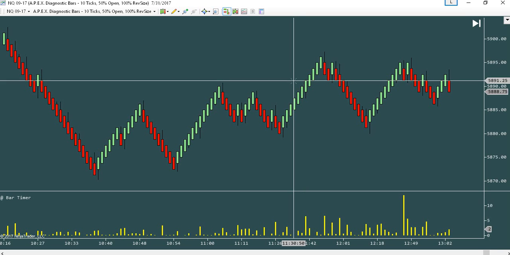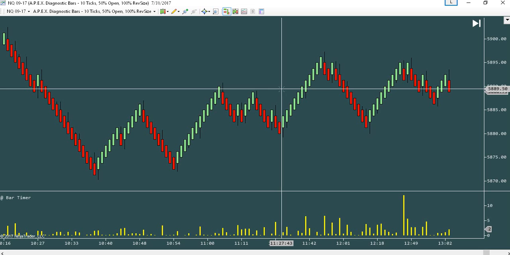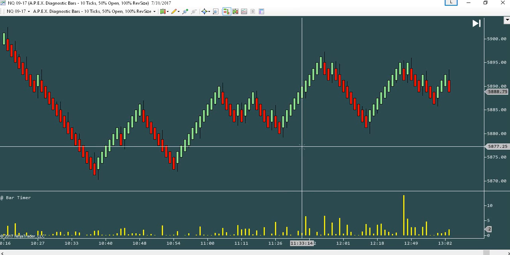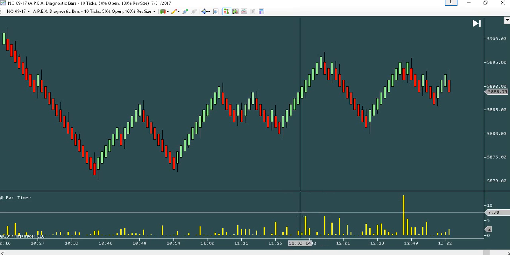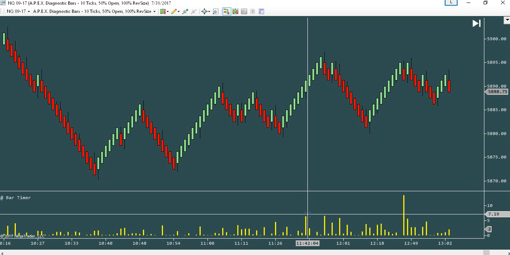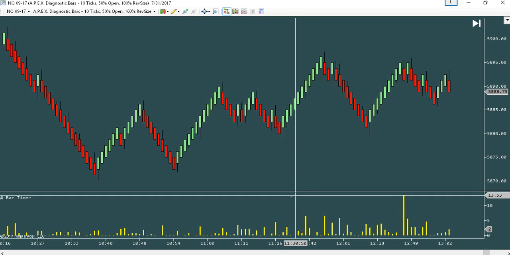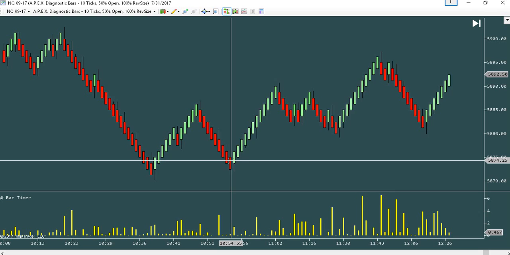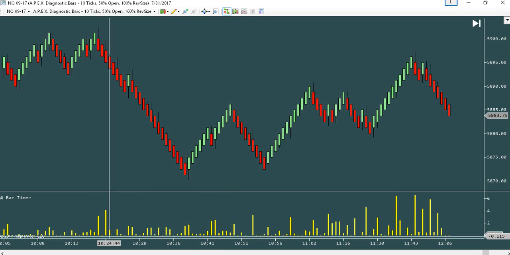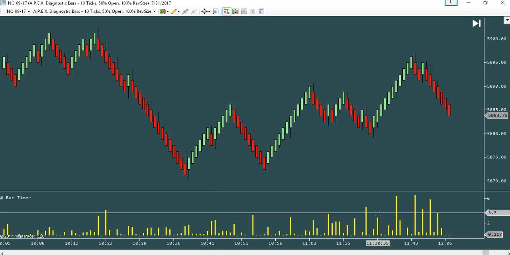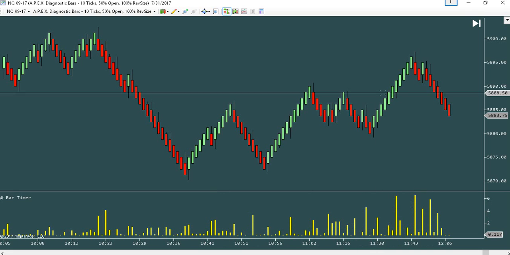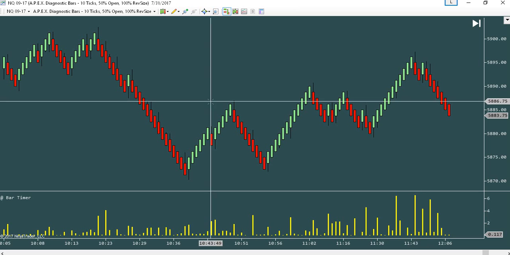All right, so until you learn to really understand and see diagnostic bars for what they are, the first thing you want to do is always have the bar timer on your chart. Because what is that telling us? Well, we could see in here, right? There's some bars that are moving kind of fast, and then what do we have in here? A bunch of bigger bars, right? The market's taking a long time.